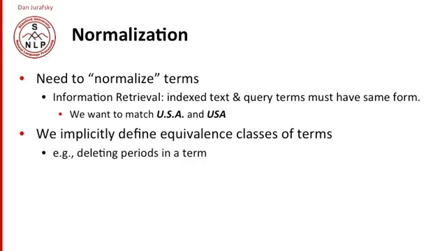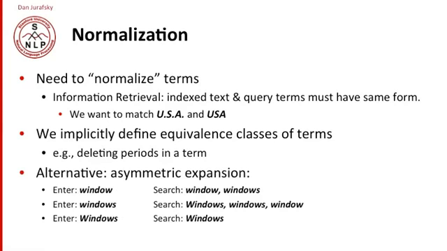We might do this by always deleting periods, for example. We might have a rule that takes u.s.a. to USA. An alternative is some kind of asymmetric expansion. So for example, let's say we're doing information retrieval. If I enter the term window, I might want to search for window or windows or any morphological variant of the word window.